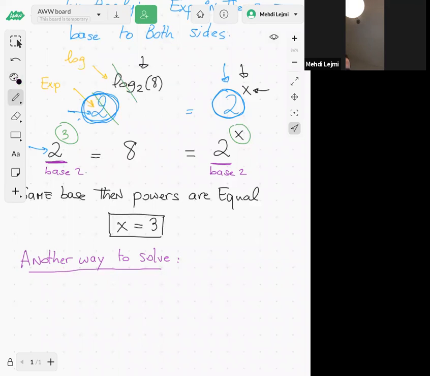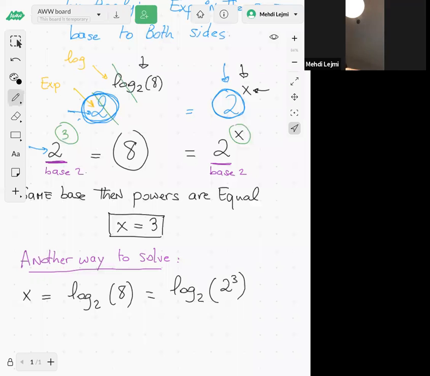Remember, we had to solve for x, which is log in base 2 of 8, and we want to find x. What we can do first is note that 8 is 2 to the power 3, 2 cubed. So I'm going to write log in base 2 of 8 as log in base 2 of 2 cubed, because 2 times 2 times 2 is 8.